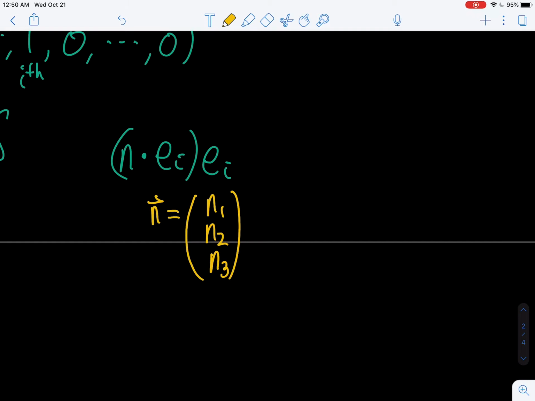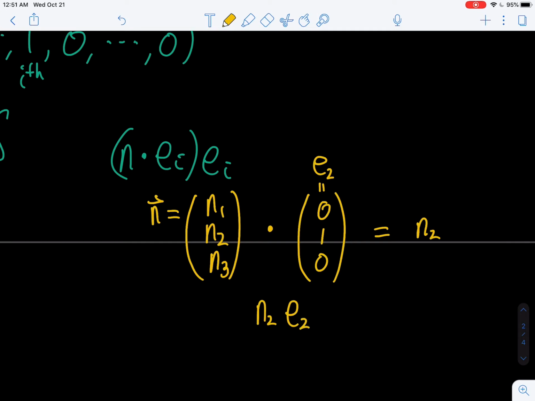What happens if I dot it with ei, maybe e2, which is 0, 1, 0? If I dot these two together, I'll get n2, right? And if I multiply n2 by e2, this will just be 0, n2, 0. So actually I'm decomposing n into its coordinates.